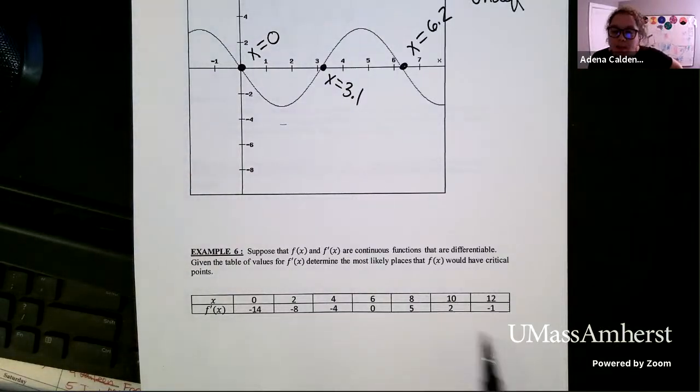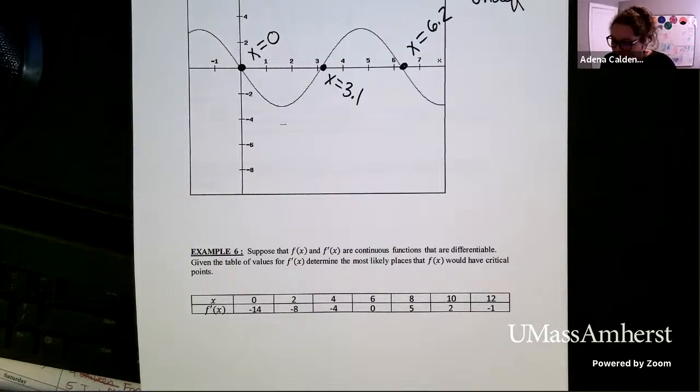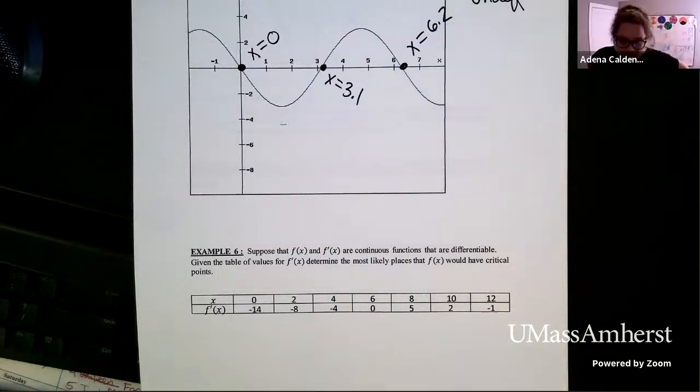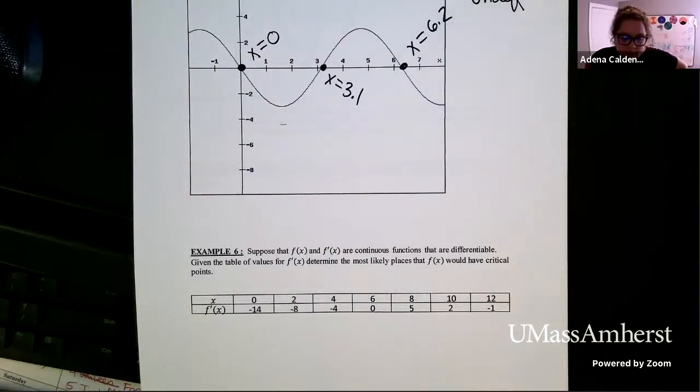So we need to look at this table of values for the first derivative and think about where we might have critical points. So take 1 minute just to look it over. See if you can think about where any critical points may be. And I will tell you, one is meant to be more obvious, but there's actually 2 places where we're going to have critical points. So take a look at that for just 1 minute, and then we'll review how we figure that out.